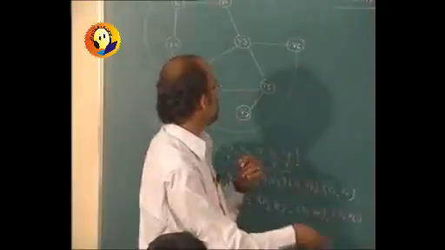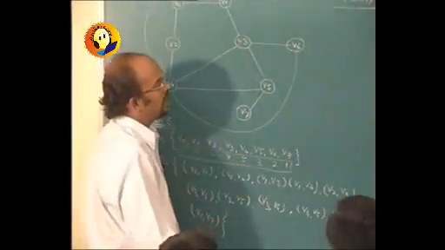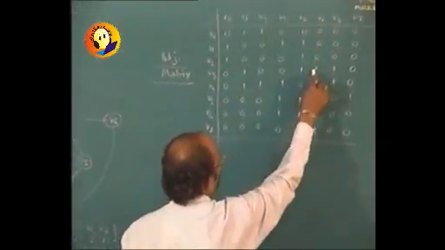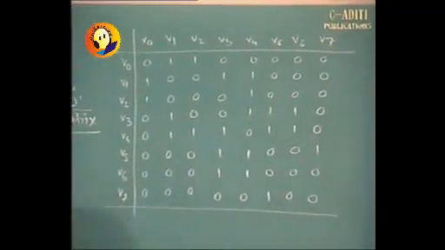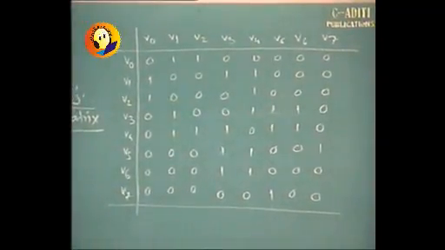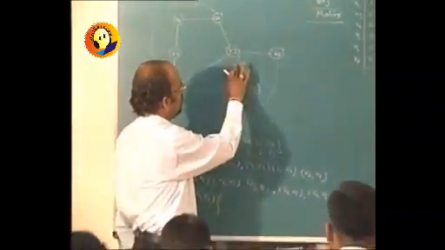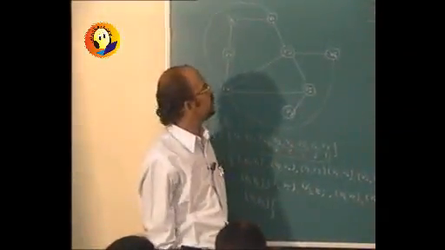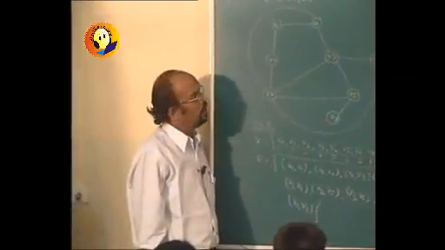So if there happens to be some parallel edge between 3 and 5, then in that case the 3-5 position will have value 2, as well as the 5-3 position will have value 2, indicating that there are 2 edges. Of course, we will be dealing actually with only simple graphs. So there is no question of having any self loop or parallel edges. Okay, right now.